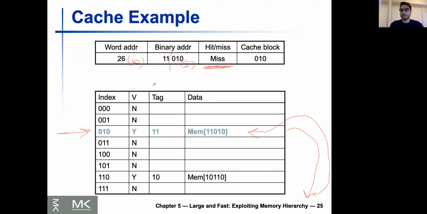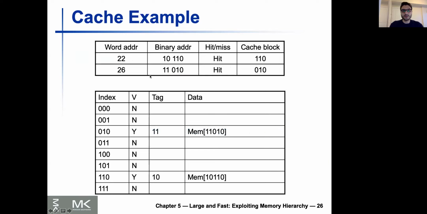So I carry on the execution of the application. Another address comes here, which is 1011. Now I'm going to look at the block 110. I'm seeing that the same tag is going to get reused again.